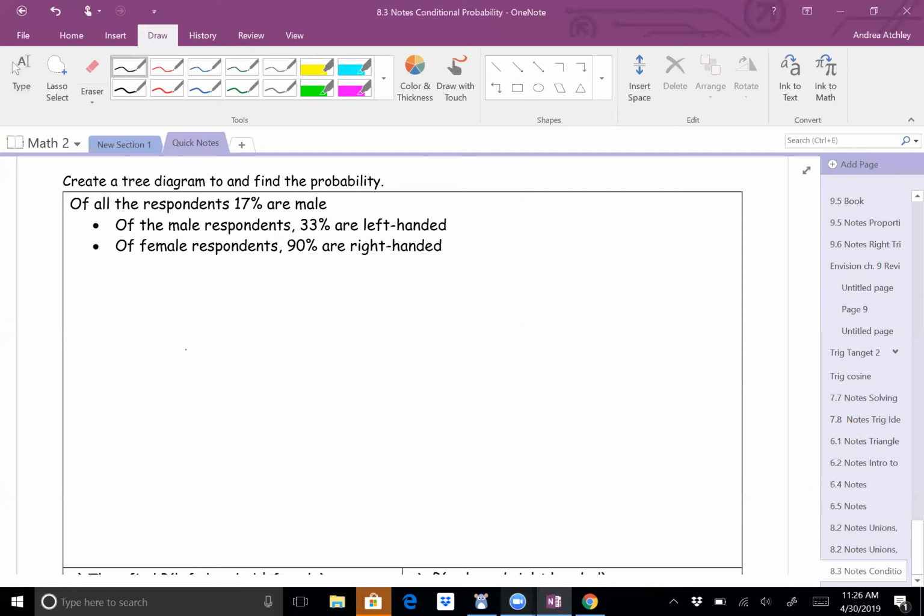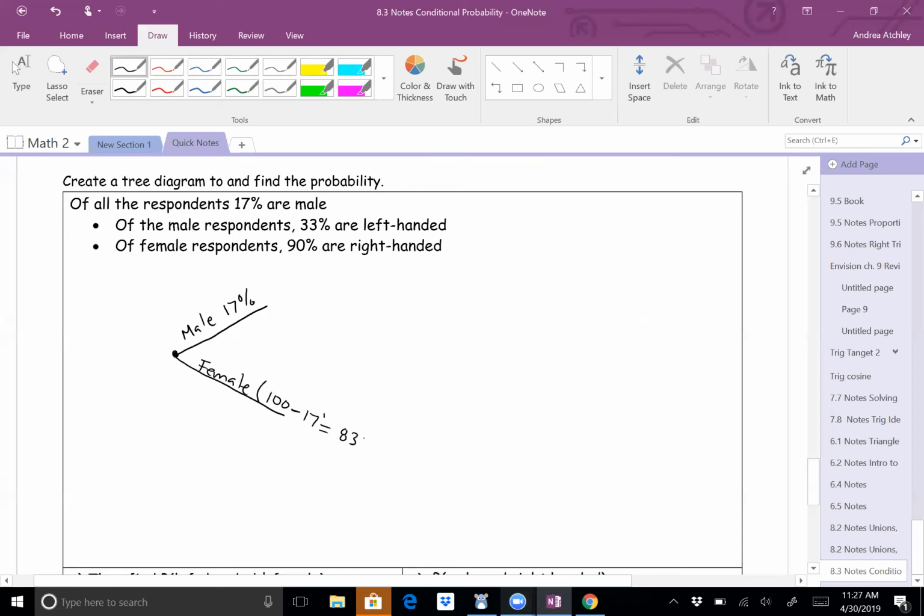So when we have our tree diagram, we usually have two options. So the first thing is male, and 17% of them were male. Our other option is female. So it's 100% minus 17% will give me how many female?